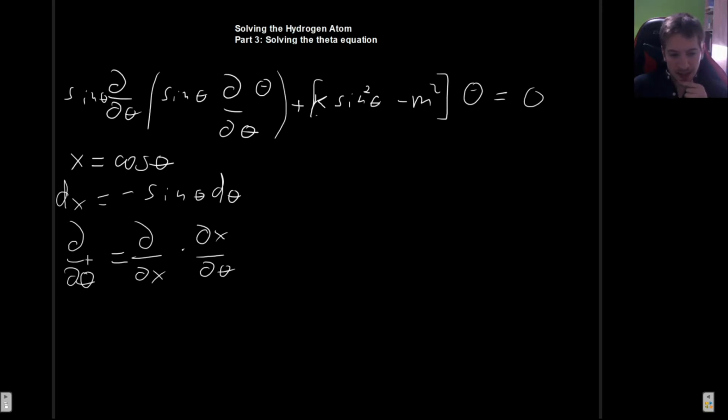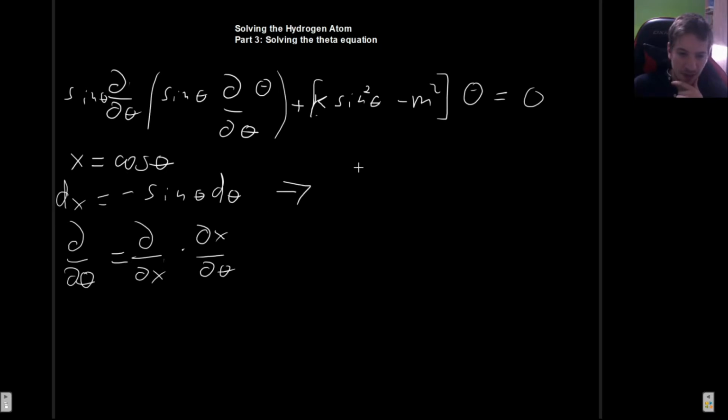And that would be quite nice, because that way we're going to go from this d by d theta to d by dx, which is much better. Actually, there's no need for the partials anymore. I'm going to leave it like this, just so I don't use much time erasing it, but for now I'm going to go for total derivatives, because I had this notation from when we still had the phi.